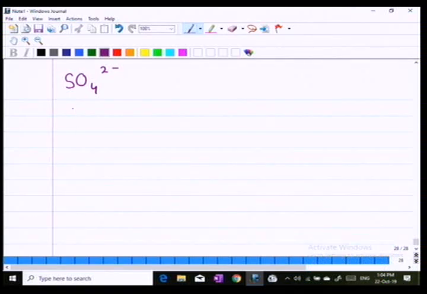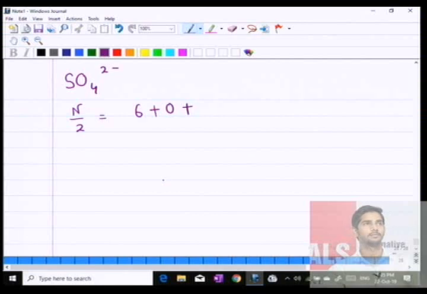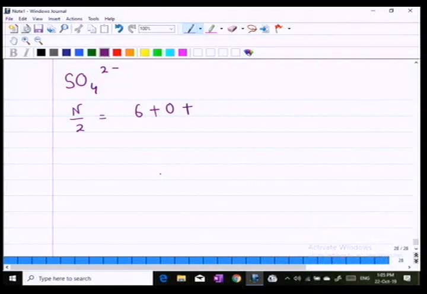Let's calculate it. Sulfur is the central atom. Use the valence electron, plus oxygen is 0. Okay, sp3d2. Who has got this answer? Plus 2 upon 2. Okay.